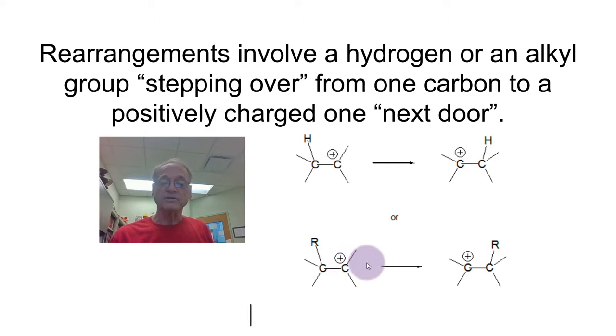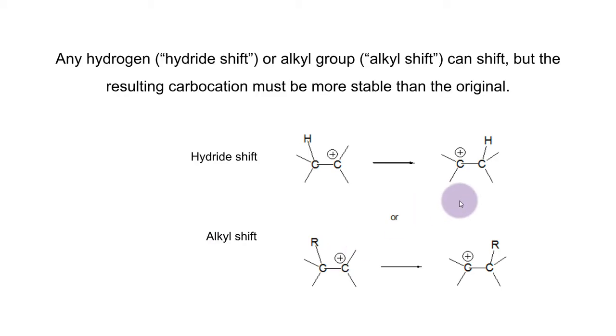What was the positive carbon is now neutral, and what was the neutral carbon is now positive. Again, you're taking one carbocation and forming a new carbocation, and again, that will only happen if you can form a better carbocation. So if this is tertiary and this is primary, let's say, then that would occur. Otherwise, not.